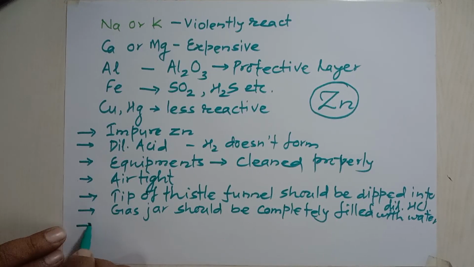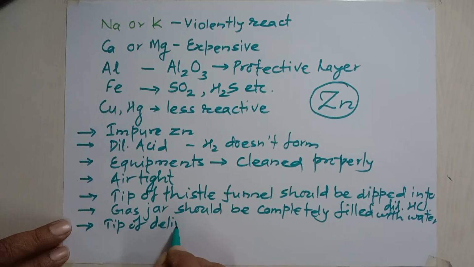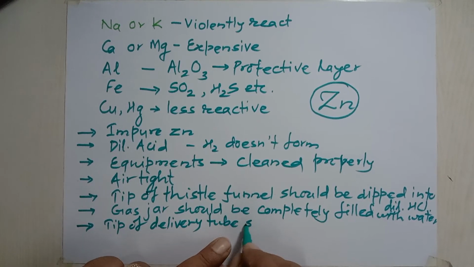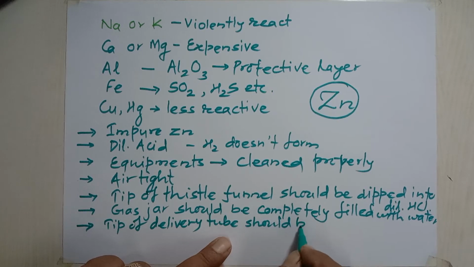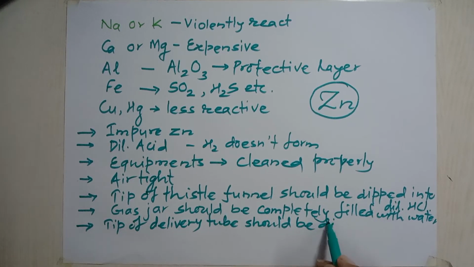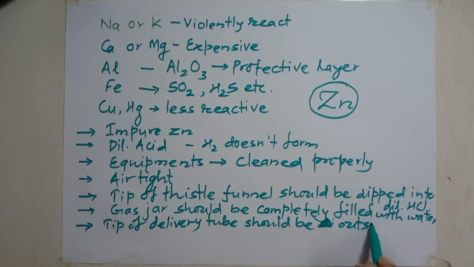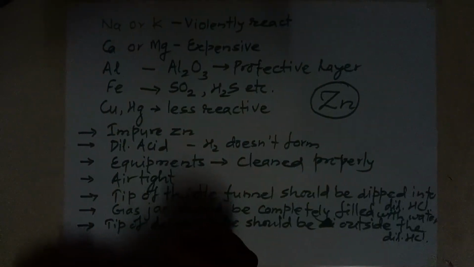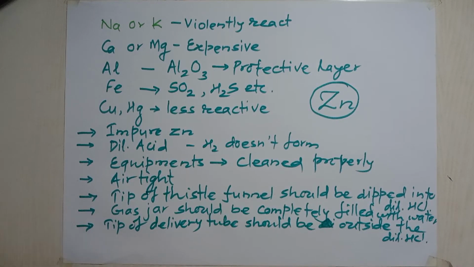This can also be written: tip of delivery tube should be outside the dilute HCl in this wolf bottle. Now these are some important precautions which we should take care of while making hydrogen gas in laboratory.